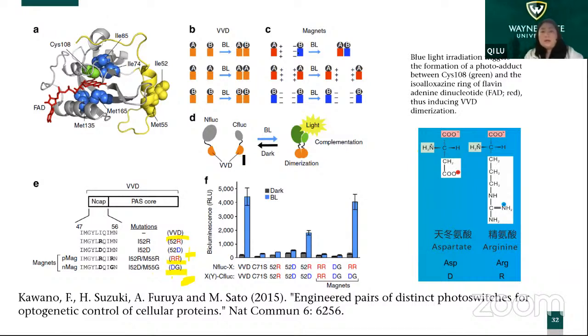Then after the blue light, you can guarantee that binding with the different subunit will cause dimerization by this magnet construction. For example, this one is a positive charge and another one is a negative charge, and it will link them together.